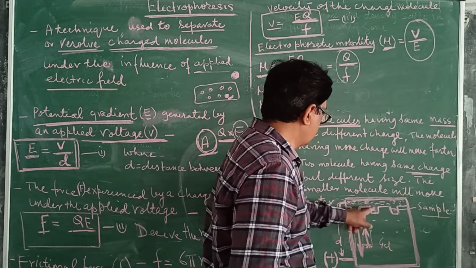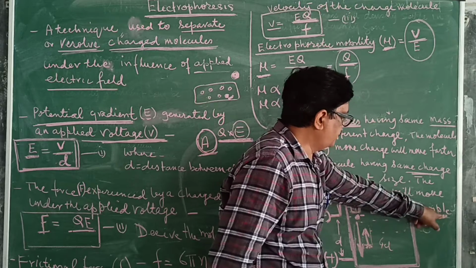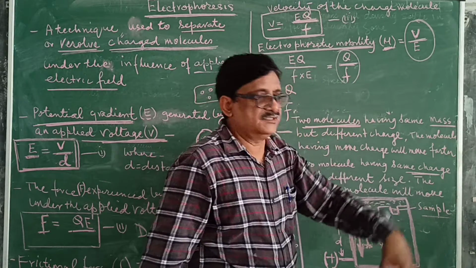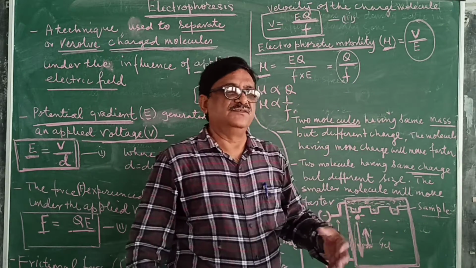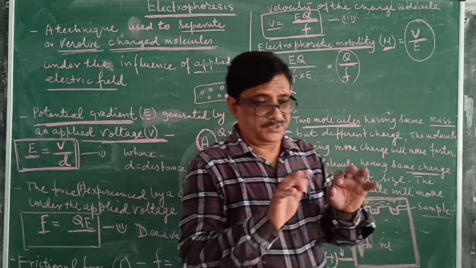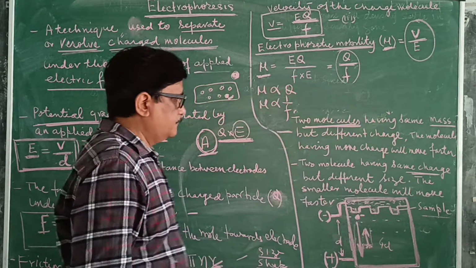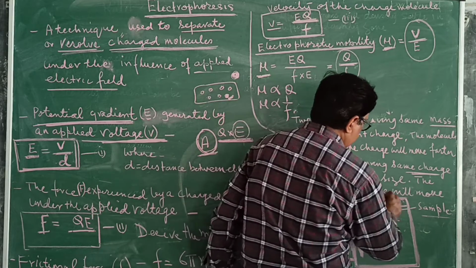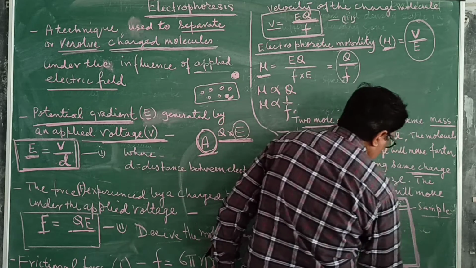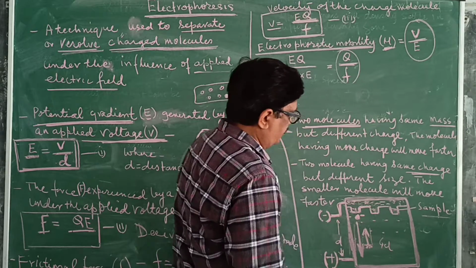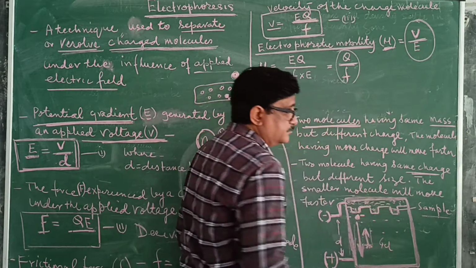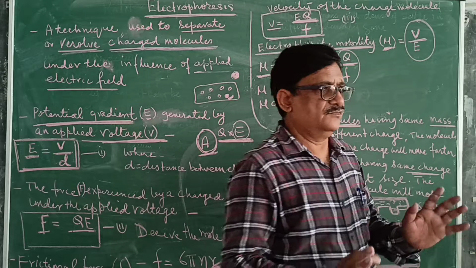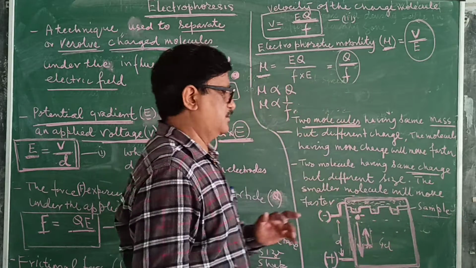So these are wells where the sample is added, in which the molecules to be separated are present. Okay, and the whole structure is present in a cabinet which is filled with a suitable buffer. We will discuss the buffer in a later class.